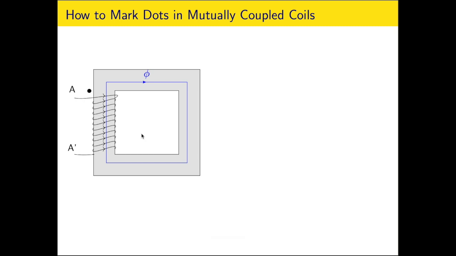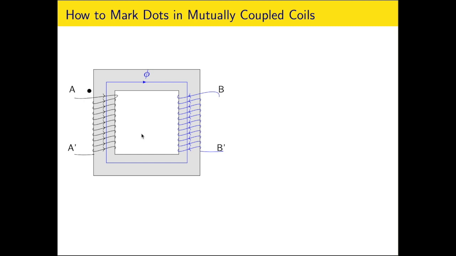Now for the other winding, we will be simply showing the windings. We will be keeping the direction of flux unchanged, and when the direction of flux is kept unchanged, the direction of current is marked keeping the right hand rule in mind.